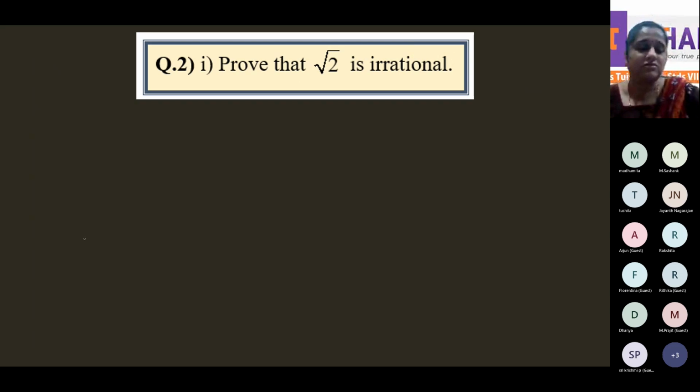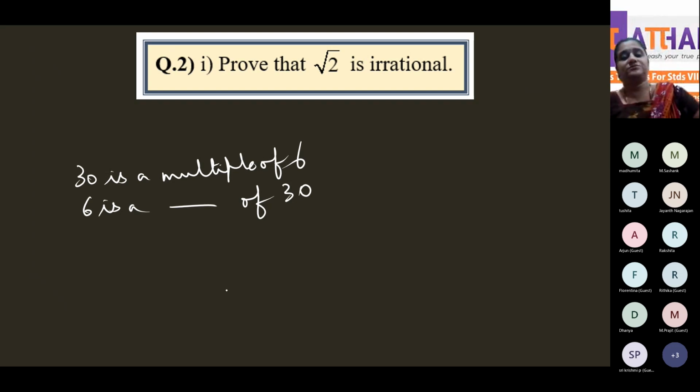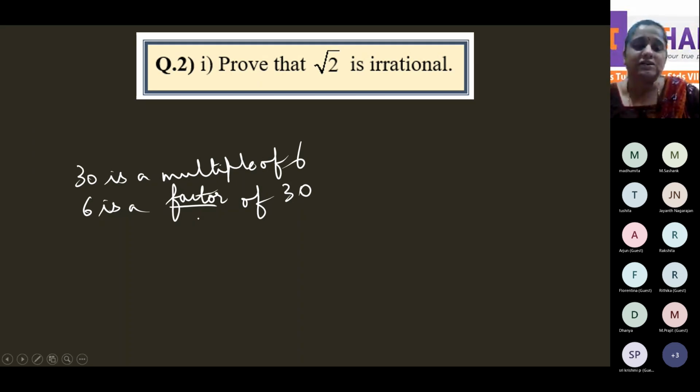So see, there are so many things. When I said 30 is a multiple of 6, 6 is a dash of 30. What of 30? Factor of 30. Very good. 30 is a multiple of 6. 6 is a factor of 30.